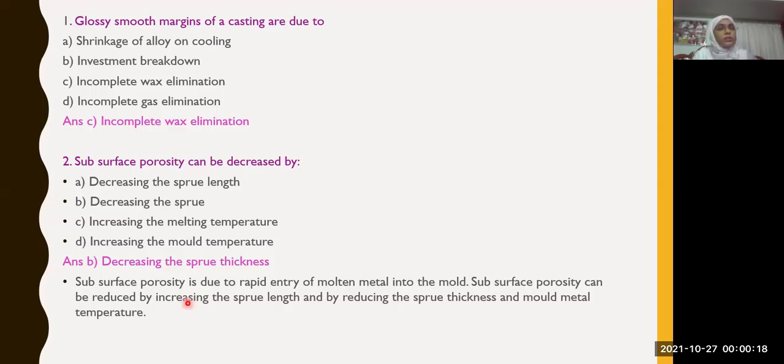So when you have a smaller thickness of a sprue and an increased sprue length, the rapid entry of molten metal into the mold space is prevented, and as a result, the subsurface porosity can be decreased. So the answer is option B: increase the sprue length, decrease the sprue thickness, and decrease the melting temperature.